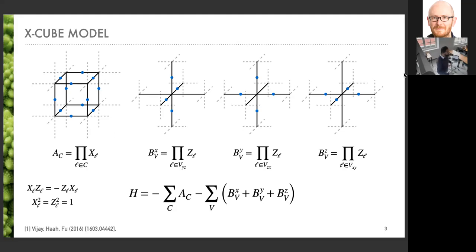They commute between different lattice sites because operators at different lattice sites commute. But more importantly, the A operator here and all the B operators there also commute. You can do a little bit of algebra and you'll find they commute. So if you want to minimize the Hamiltonian, you can minimize each of these terms independently, and you don't have any coupling between different Hamiltonian terms.